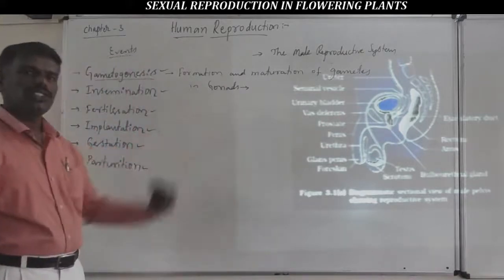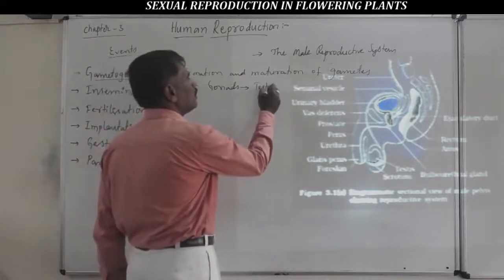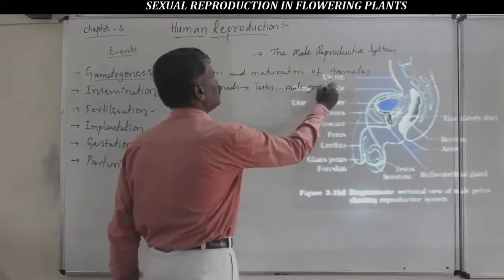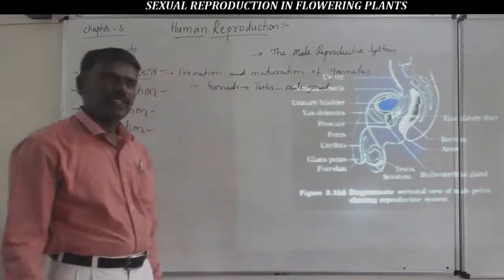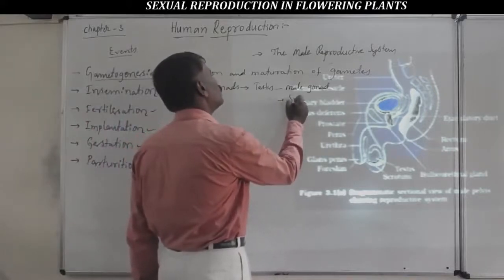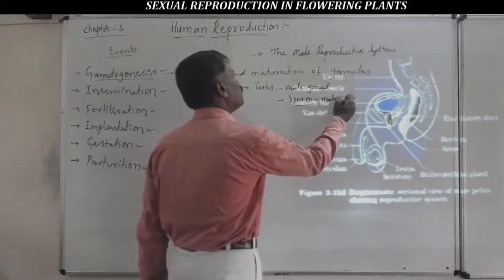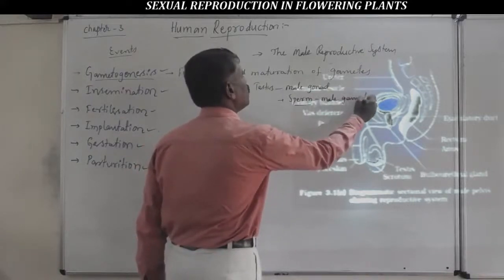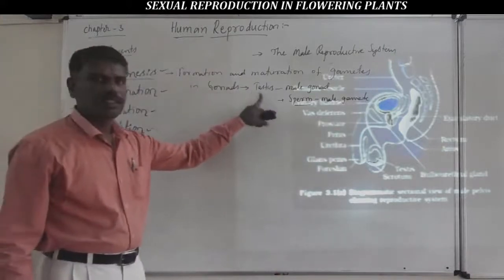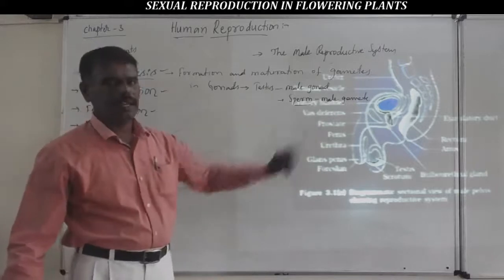Which are the gonads? Testis is a male gonad, which produces the male gamete, that is, the sperms. The male gonad is testis, which produces sperms, the male gamete.